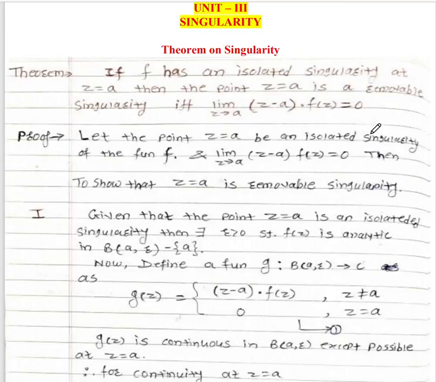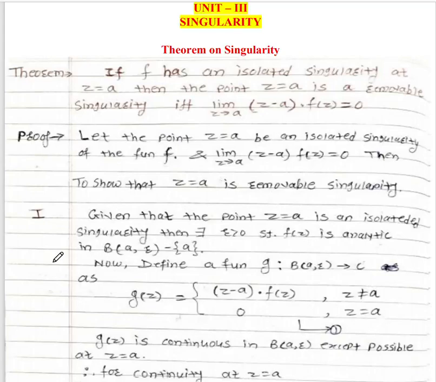So what is given? Let us suppose that the given point z equal to a is an isolated singularity of the function f and limit z tends to a, (z minus a) f of z equals 0. Then we have to show that z equal to a is a removable singularity. We will show this theorem in two parts.